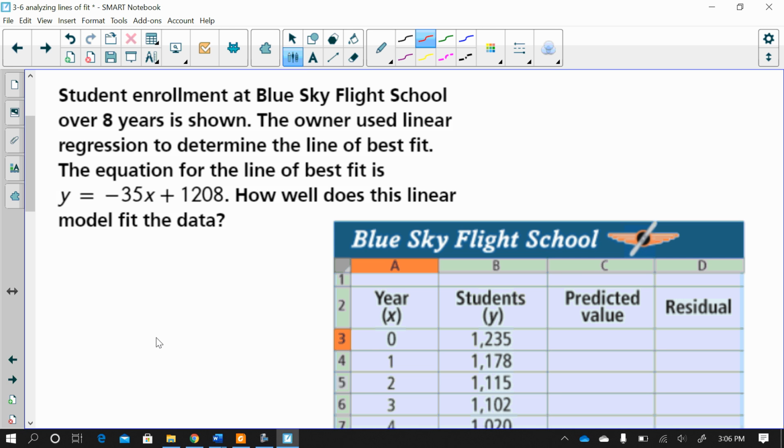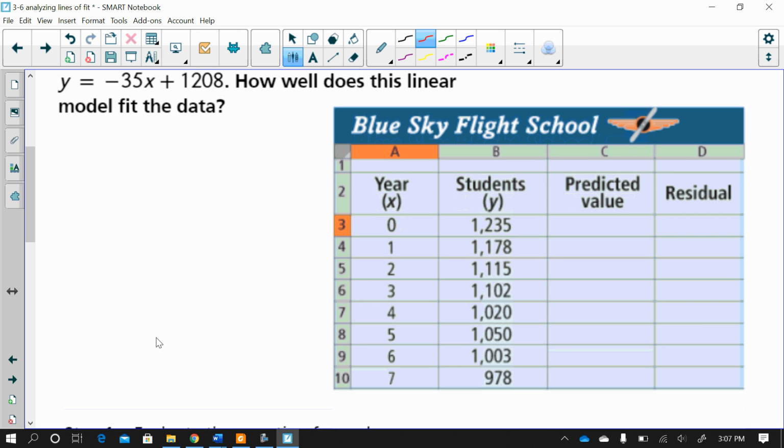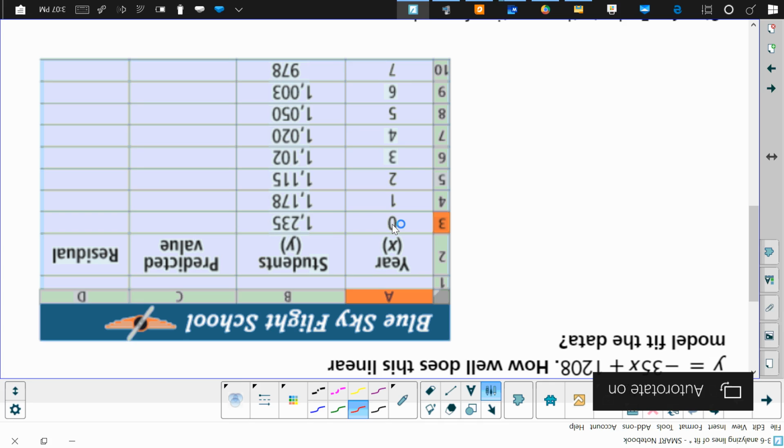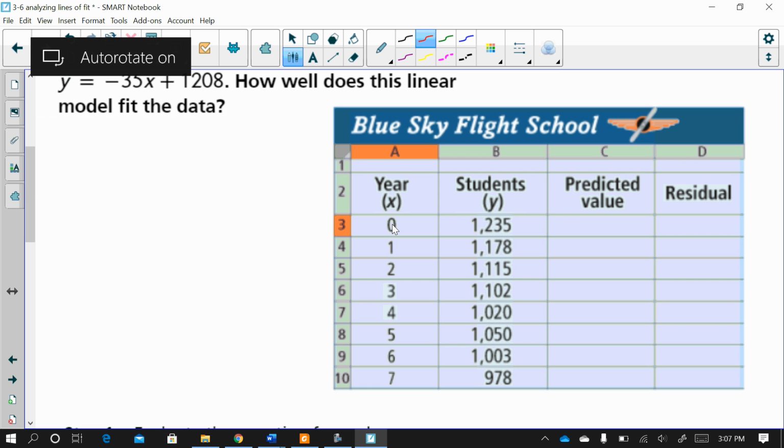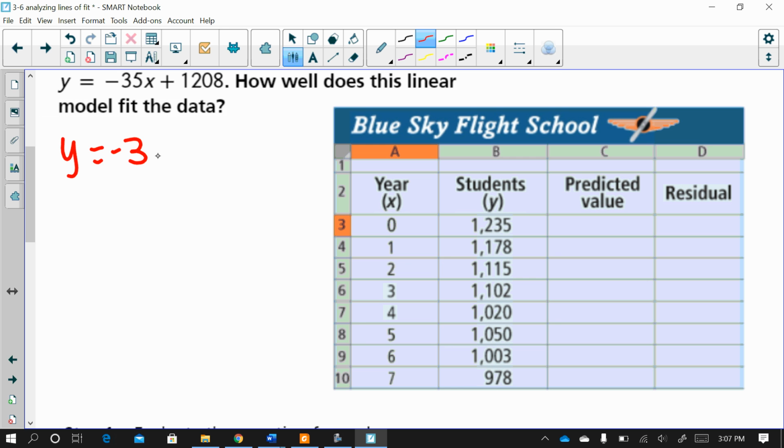We want to know how well this linear model fits the data. So we need to find the predicted value. We are going to use the equation that the owner came up with: y equals negative 35x plus 1208.